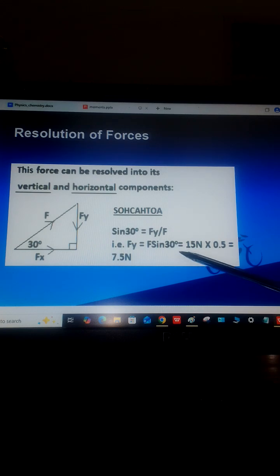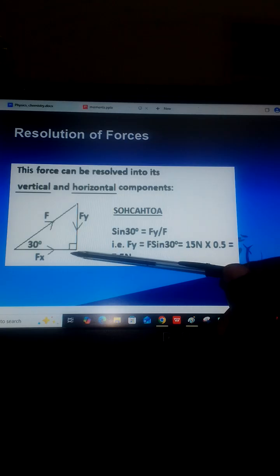We found that it is 15 newtons times 0.5. This 15 newtons is the force in the pulley system. You multiply by the sine of the angle 30 degrees, and we get 7.5 newtons. We are interested in the vertical component, not the horizontal component.